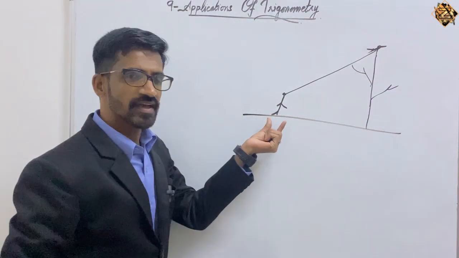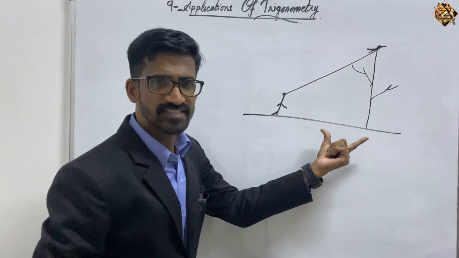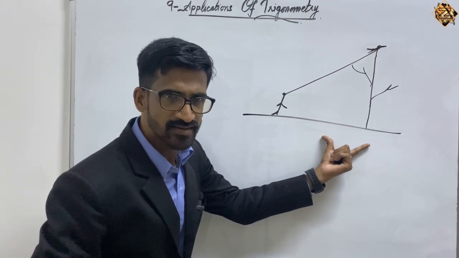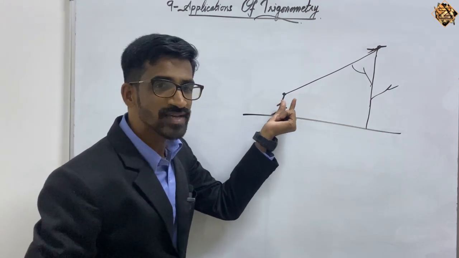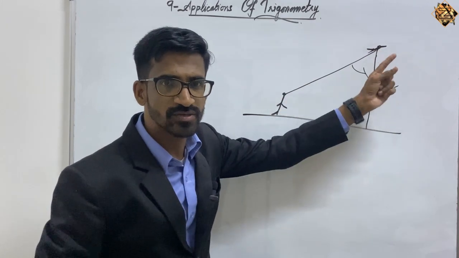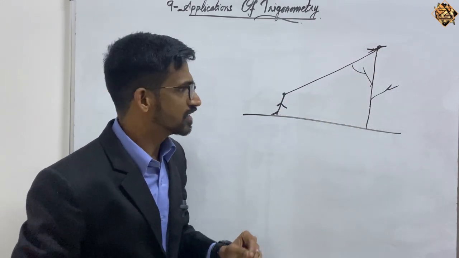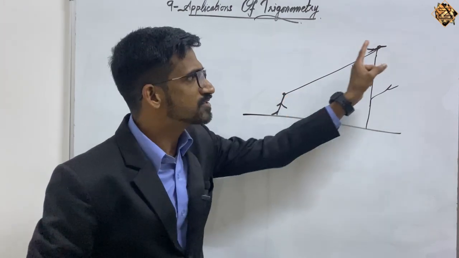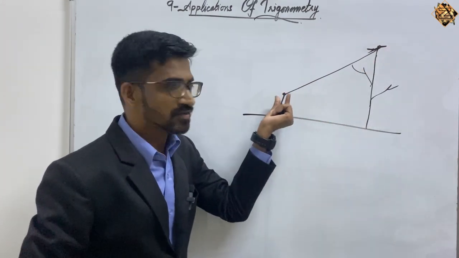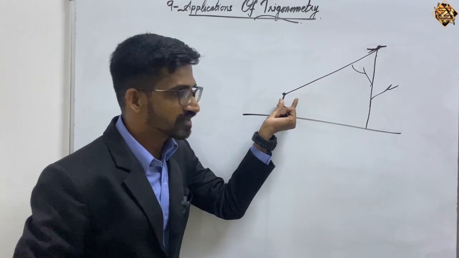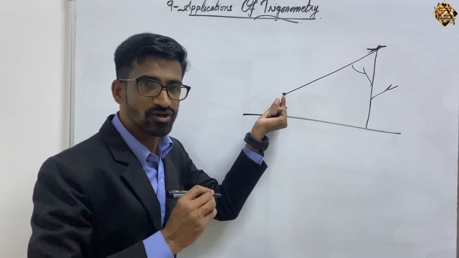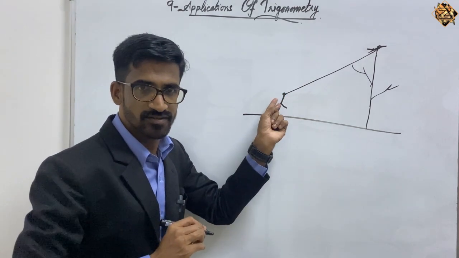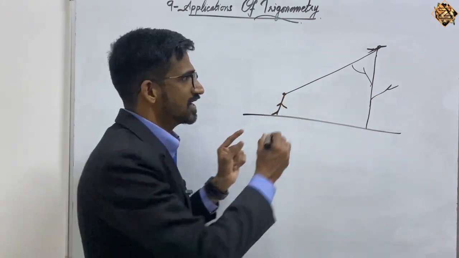Okay, consider a boy standing at a distance from a tree where the boy is looking to a bird on the top of the tree. So the line drawn from the eye of the boy to the bird. Here the boy is the observer. Okay, so the line drawn from the eye of the observer to the bird.